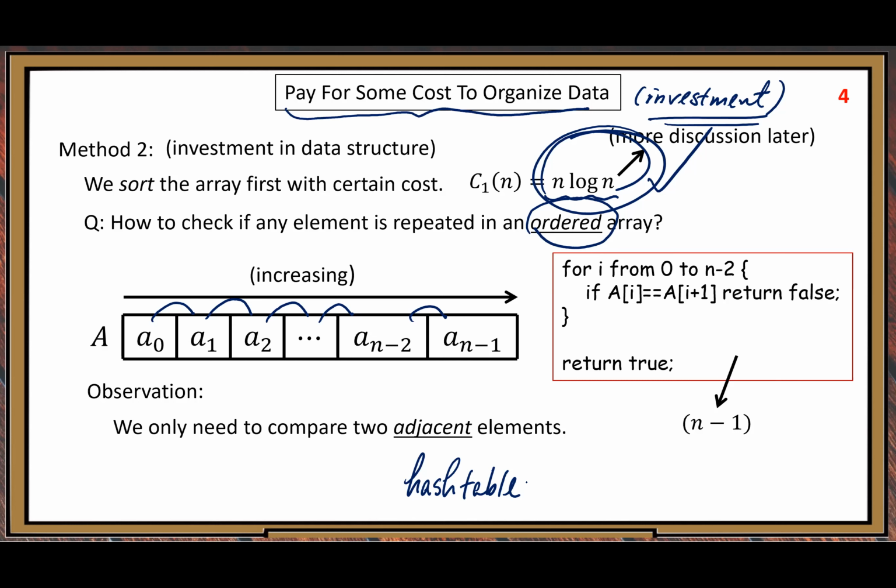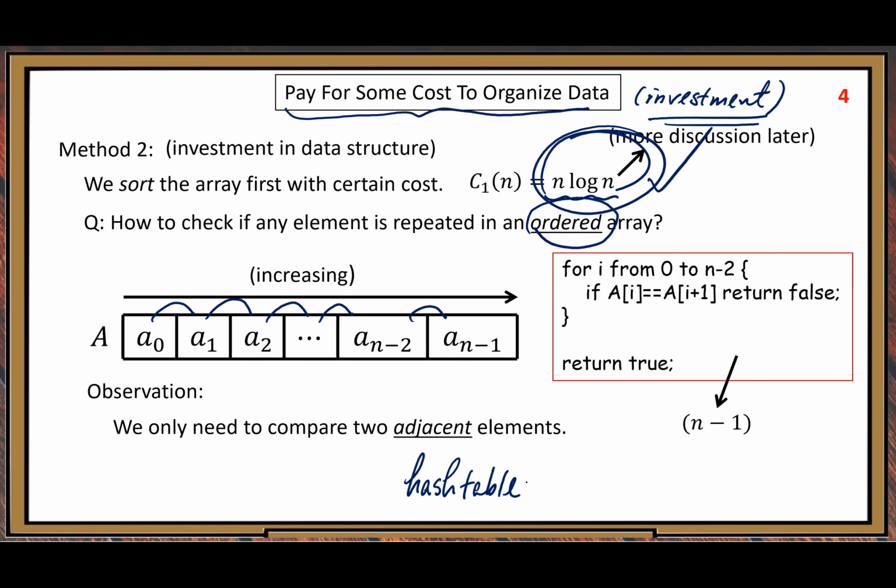We need a hash function to map the array elements. But when you build a hash table, if any element is repeated, you will find it, because there is a collision, a hash collision. When a hash collision occurs, the elements are not unique.